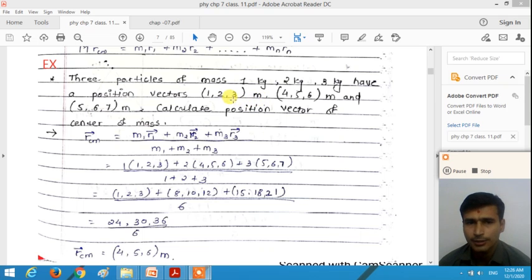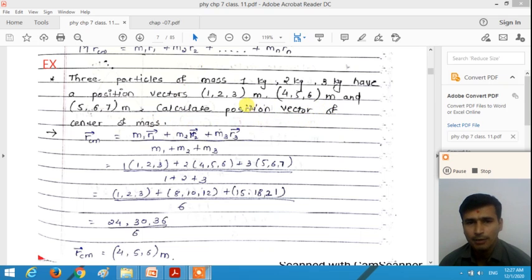The x coordinate is 1, y coordinate is 2 and z coordinate is 3. For the second particle, the mass M2 is 2 kg and the position vector R2 is 4, 5, 6 meter. And the third particle has a mass 3 kg and a position vector 5, 6, 7 meter. Calculate the position vector of the center of mass.